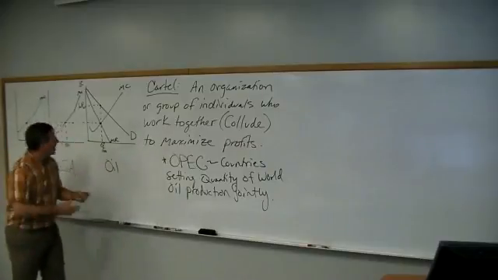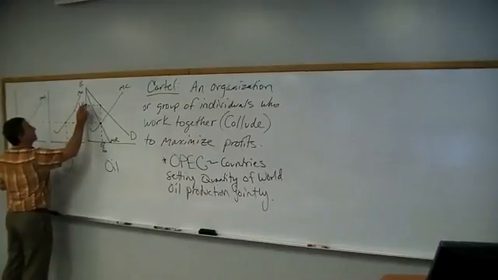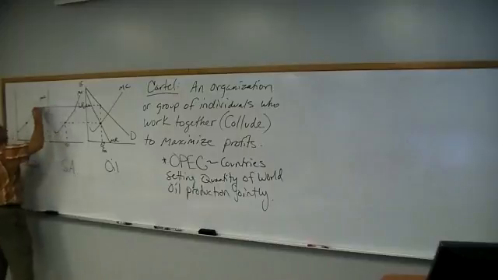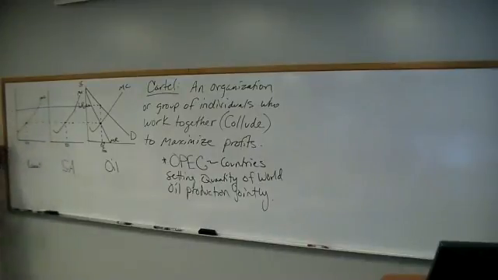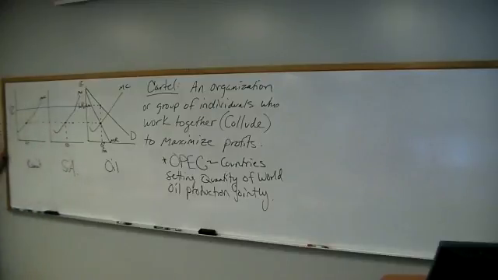If the world price of oil is up here at $60 a barrel, that gives them some interesting incentives if they're currently at 20 and 80. What's their incentive to do?